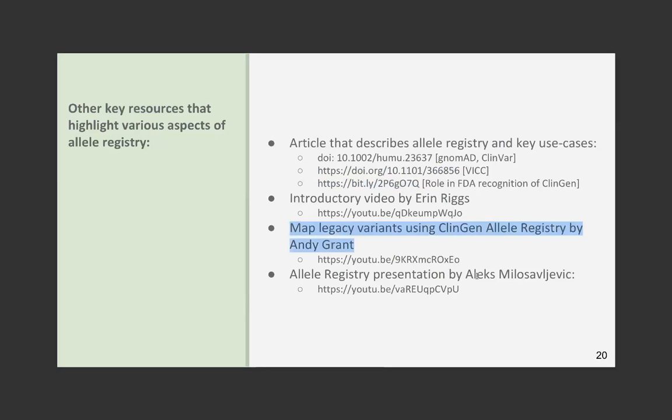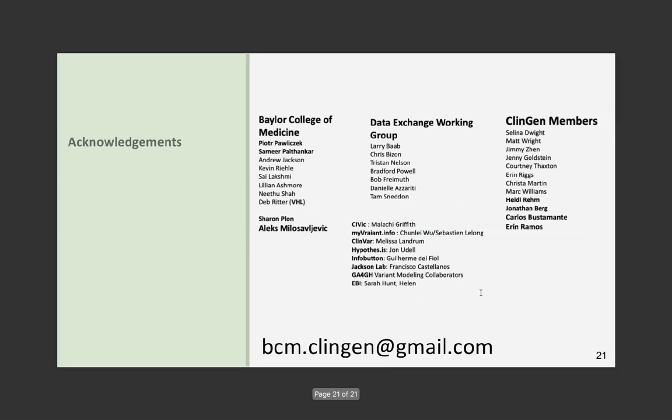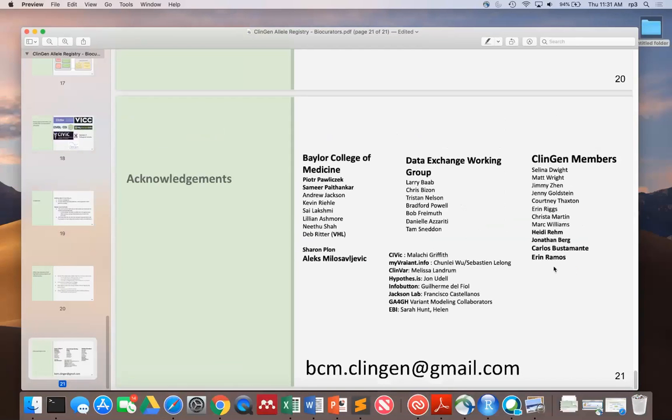And Alex, who is a PI, our supervisor, also has a presentation as a part of the Knockout Mouse project. And finally, in this slide, I have put a lot of people who contributed to the development and use cases of the ClinGen Allele Registry. So with that, I'll be happy to take any questions if you have.